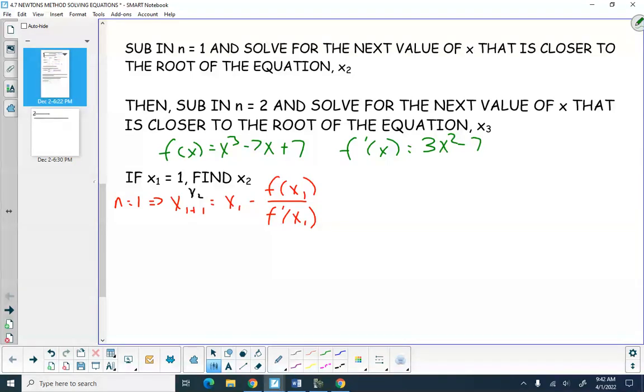So to find x2, this is equal to x1, which we're saying is a value of 1, minus our function value at 1 divided by the derivative at 1.